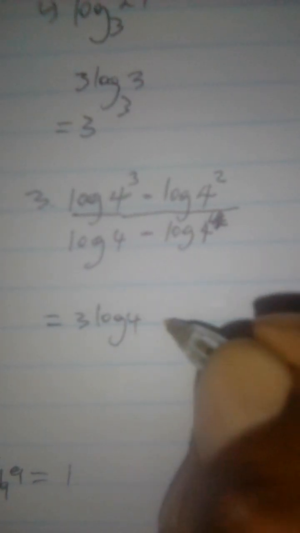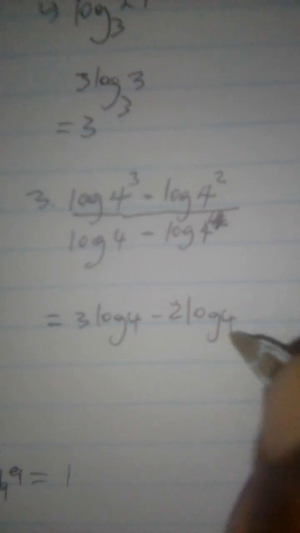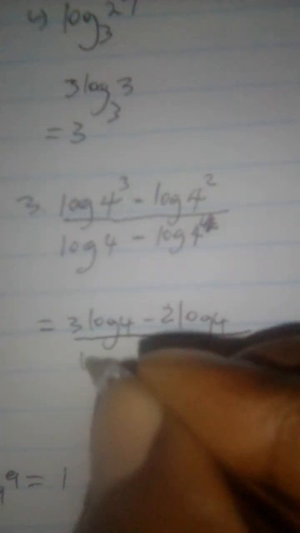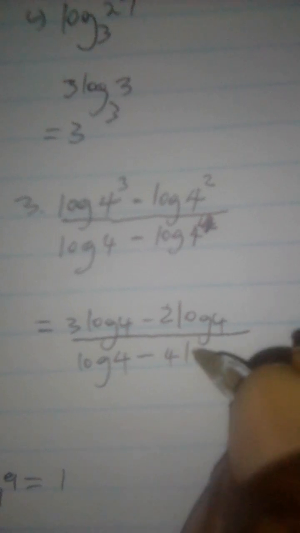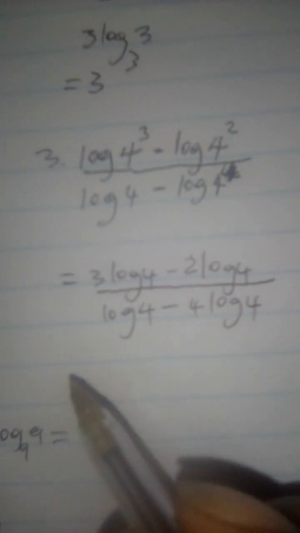The next step that I'm gonna take, I'm gonna bring 3 to the front, so it's equal to 3 log 4 minus 2 log 4 all over log 4 minus 4 log 4. This is a simplification of all of this.